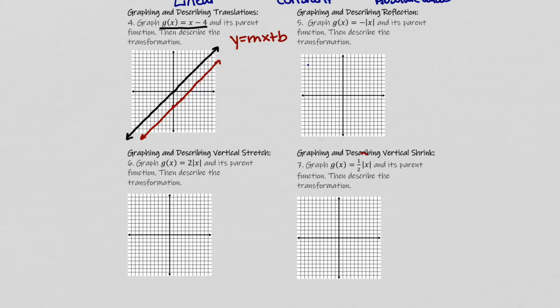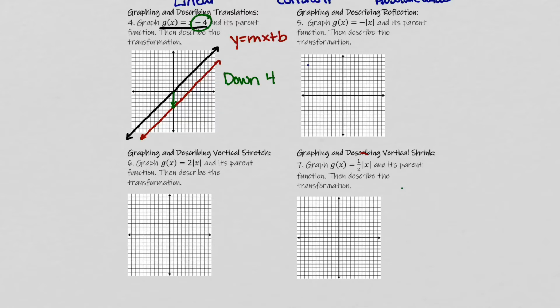So these are actually parallel lines. So it's this -4 right here that's doing something. And if it is not grouped with x, it actually is moving it down because it's a -4. It moved it down 4. So this is a vertical translation down 4. Okay.